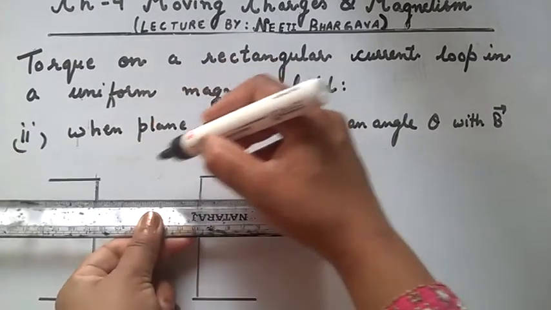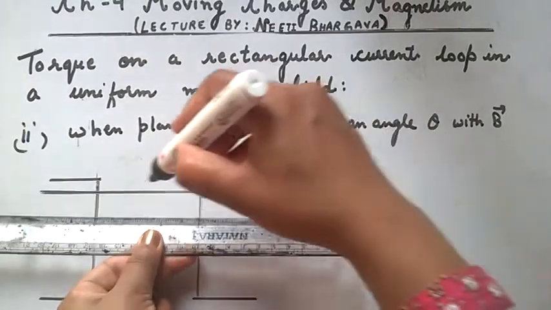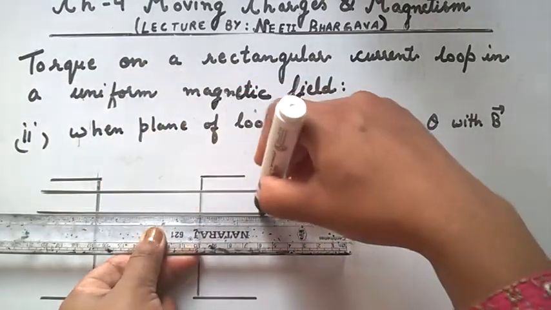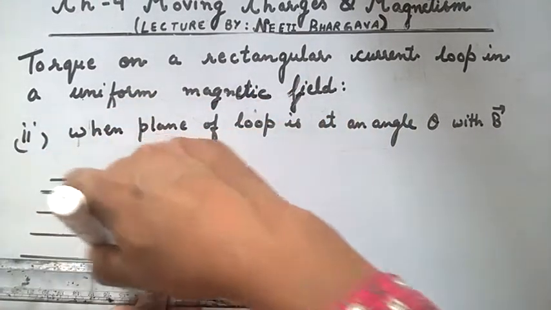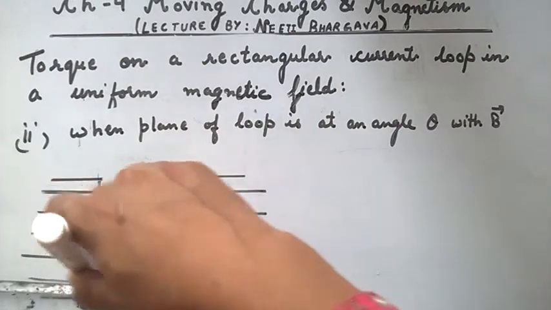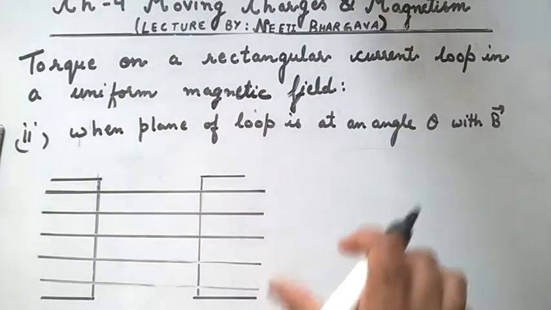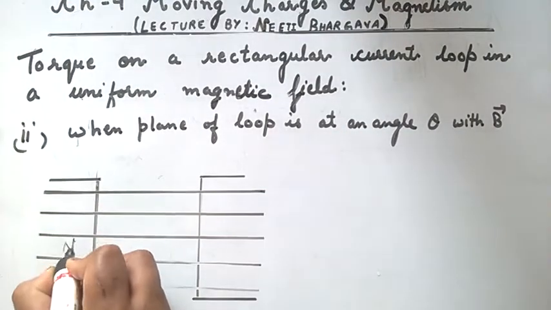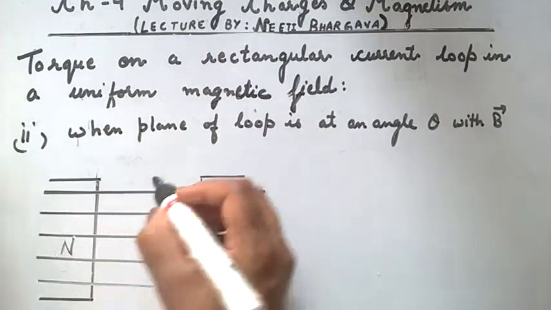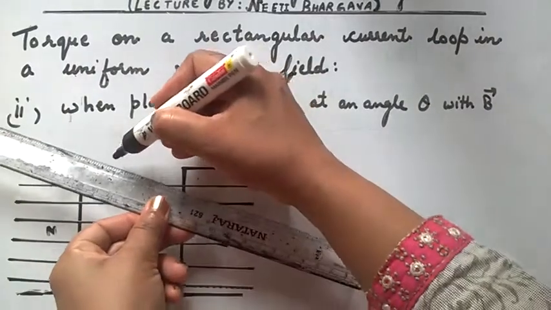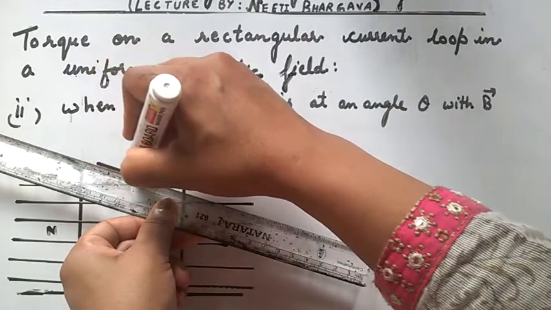Magnetic field lines are uniform, moving from north to south pole. A rectangular coil is placed at an angle theta with the magnetic field.